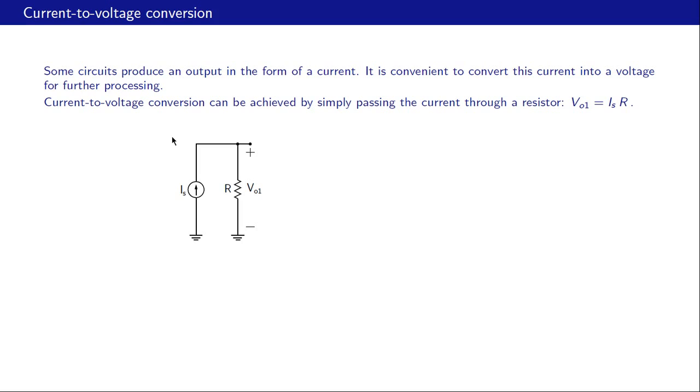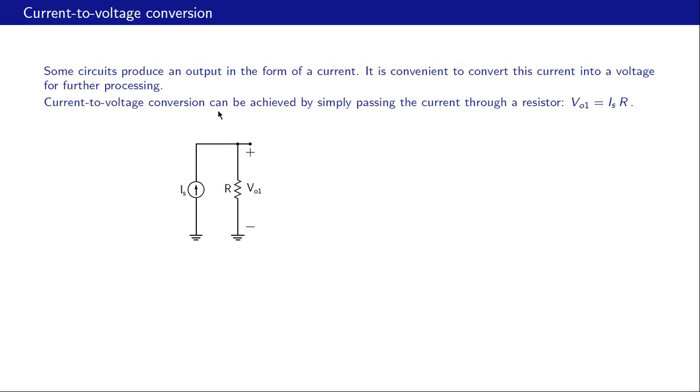Let us now look at current to voltage conversion, and that is relevant because some circuits produce an output in the form of a current, and it is then convenient to convert this current into a voltage for further processing. For example, we might want to display that voltage, or we might want to amplify it further, and so on.